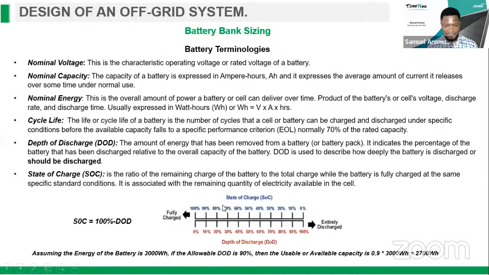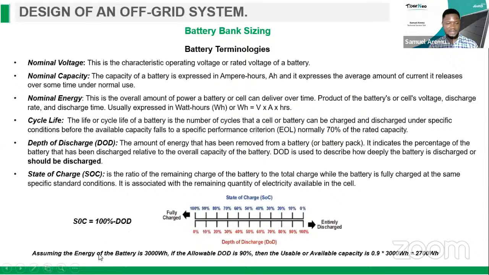When you have 100% SOC, the DOD is 0% because you haven't discharged anything from the battery. So I wrote the formula here: SOC is equal to 100% minus DOD. You can also have DOD equals 100% minus SOC, so they are interchangeable. If you have an SOC of 90%, that means your DOD is 10%. Also, if your SOC is 0, that means you've totally discharged your battery, 100%.